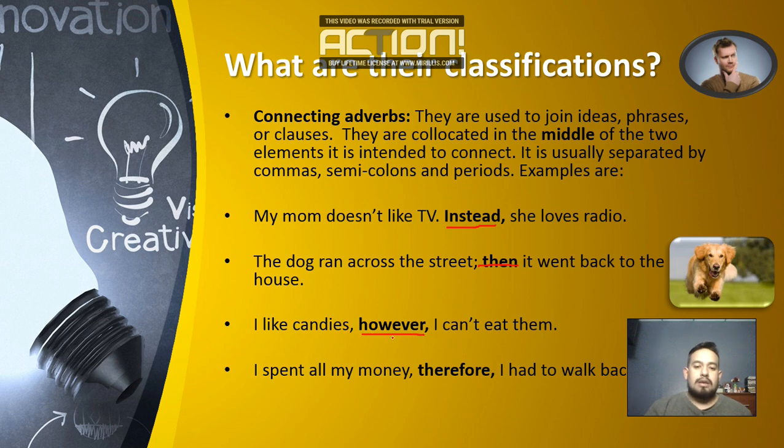However, here is the connecting adverb that is contrasting both ideas. The first idea, I like candies, and the other one, I can eat them. And finally, I spent all my money, comma, therefore, comma, I had to walk back home. Here again, this is the connecting adverb, and instead of contrasting it is like saying the cause and the consequence of two sentences.